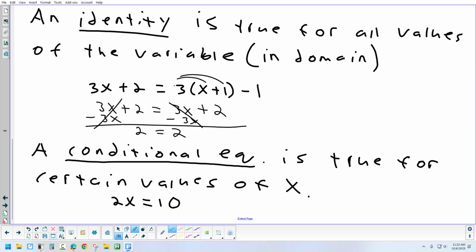And I wrote the same one right there. So a conditional equation is true for certain values of x. Most, if not all, of the equations that we solve today are going to be conditional.